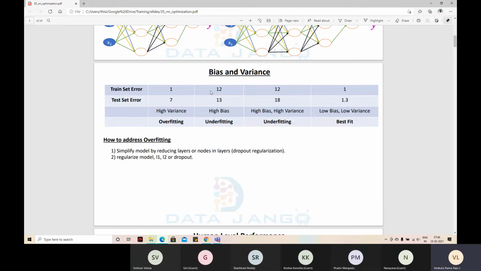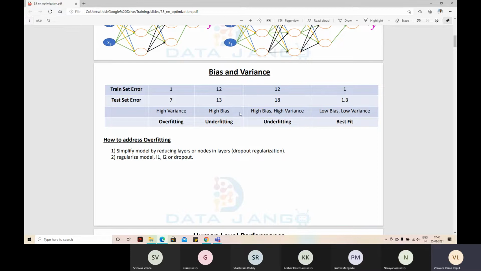And if on the train set you got 12 as error, and on the test set 13 as error, the accuracy is going to be 88 and 87. So the model is not working well on the train set as well as the test set. So this is a high bias model, underfitted. Anyway, it will not work on the test set also.